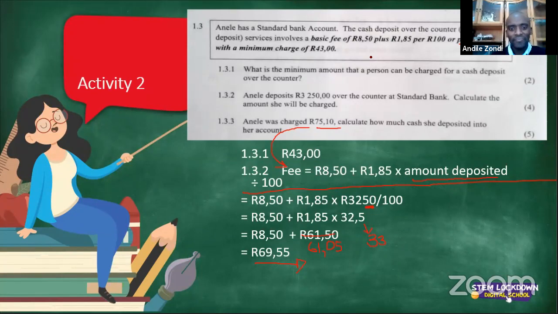I'm giving you 2 minutes, learners. Remember, I don't have much time. Tell me how much money was deposited if the bank fee was 75 rand and 10 cents. If you can answer this, I'm very, very proud of you.